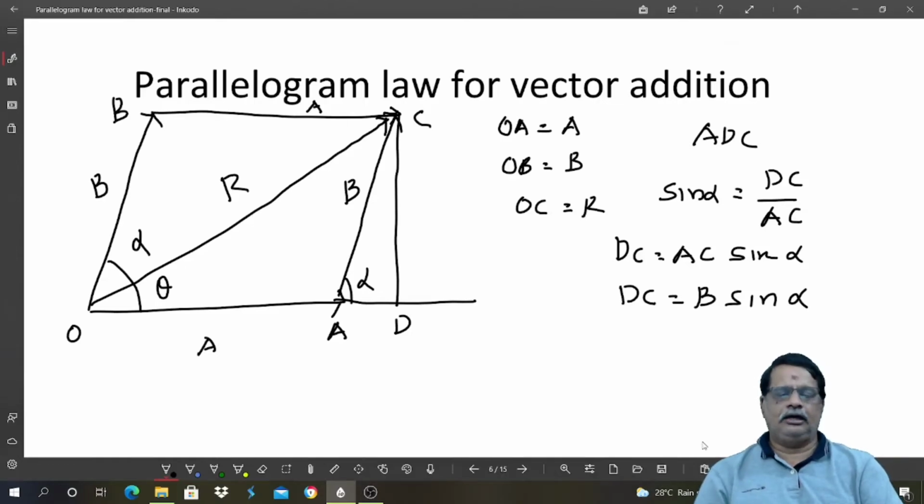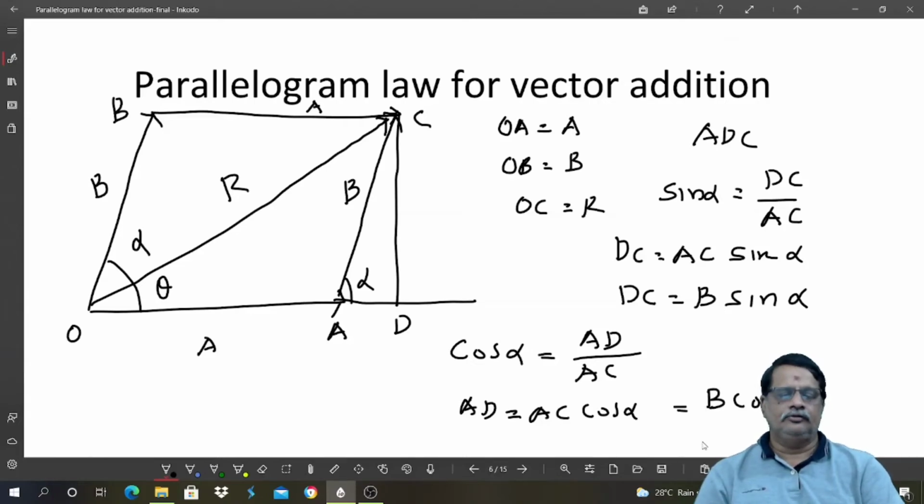Now from the same triangle we will find cos alpha. What is cos alpha? Cos alpha is AD by AC. So AD equal to AC cos alpha, which, as we know, is B cos alpha. So we have got both AD and DC.